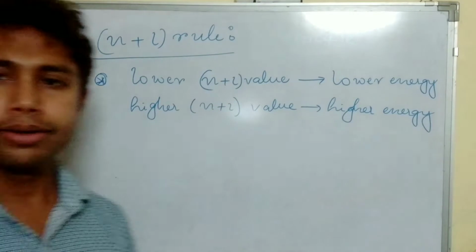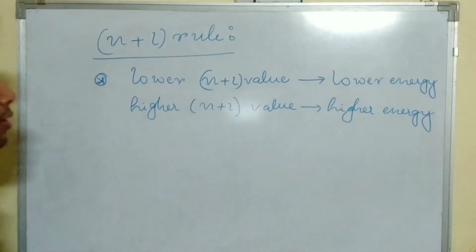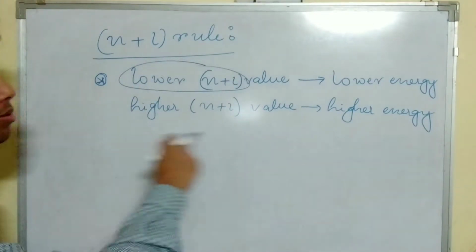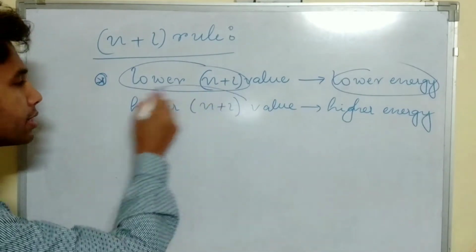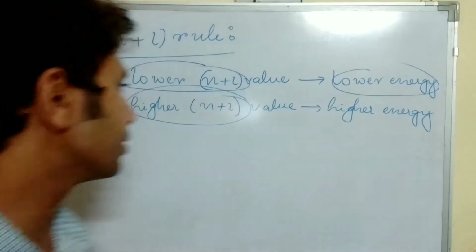Means if we have two orbitals, then the orbital having lower n plus L value will have lower energy, and the orbital having higher n plus L value will have higher energy.